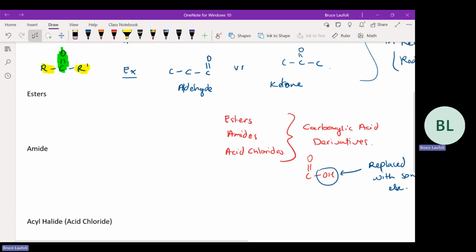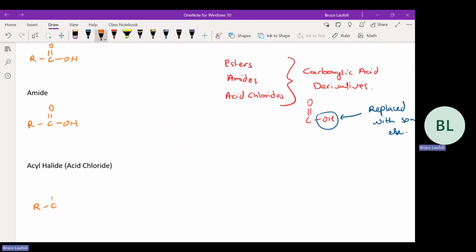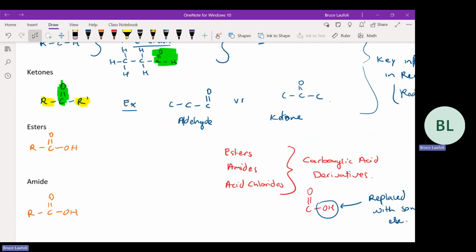So when we are looking at esters, amides, let's draw the carboxylic acid first, and then I'll show you what the actual functional group looks like. Okay, so when we're looking at esters, the idea behind the ester is that we are replacing that OH group that we had before I rubbed it out with a carbon chain.